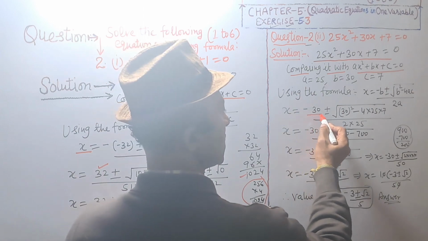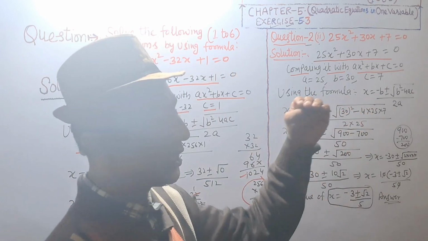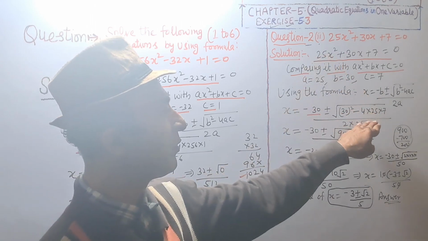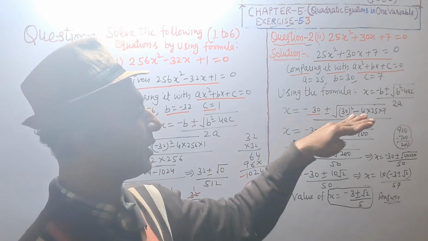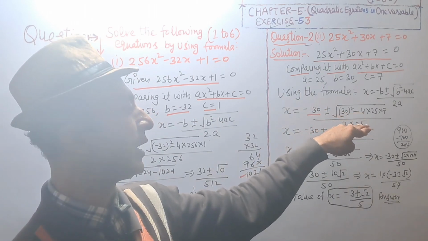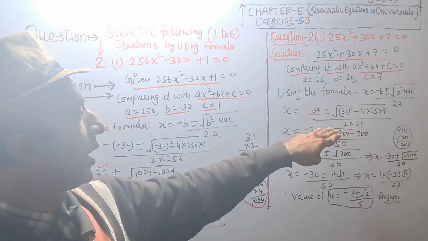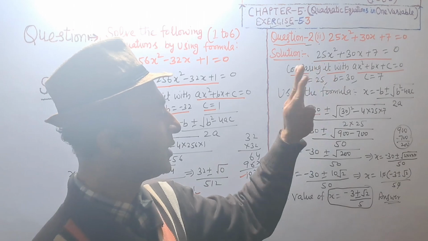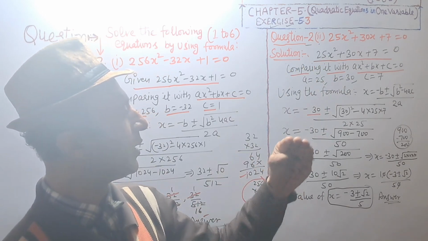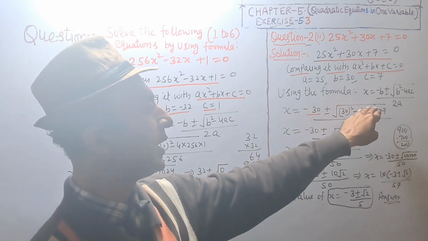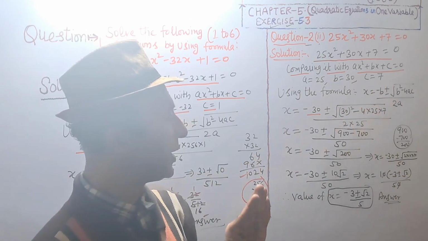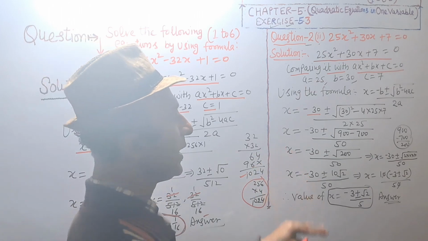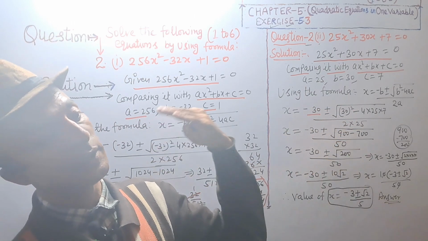Minus 30 plus minus root 30 square minus 4 into 25 into 7 divided by 2 into 25. X is equal to minus 30 plus minus root 30 square that is equal to 900 minus 25 4s are 100, 7s are 700, divided by 50.